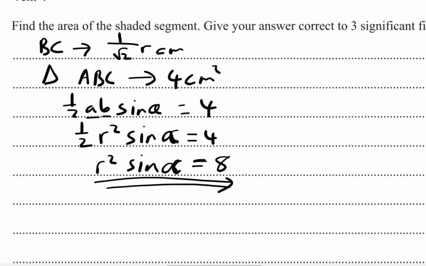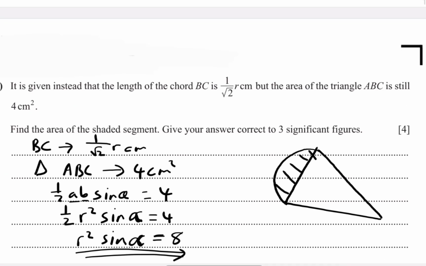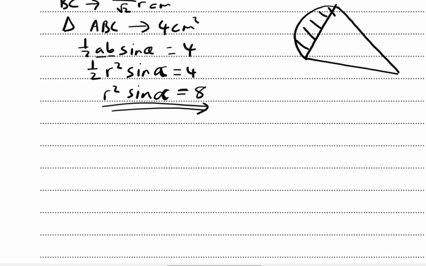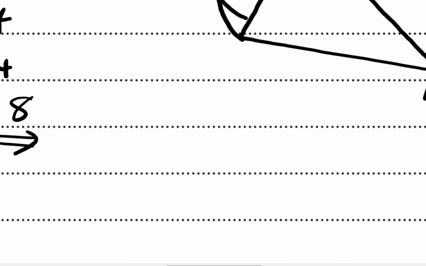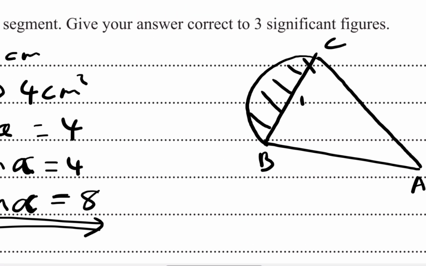And now we are having a diagram that looks like this. This is shaded. So it's A, B, and C. And we're now told that this is 1 over root 2r.